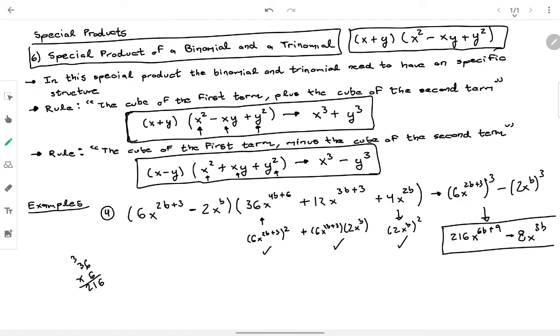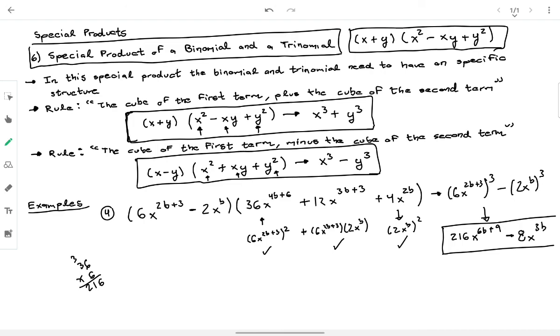So in this case, remember, the important part in all of this exercise is to check the specific structure of the trinomial. If it has the specific structure we need, then apply the rule that it will be only cubing both terms. Sometimes it will be plus, sometimes it will be negative, depending on the signs on the binomials.